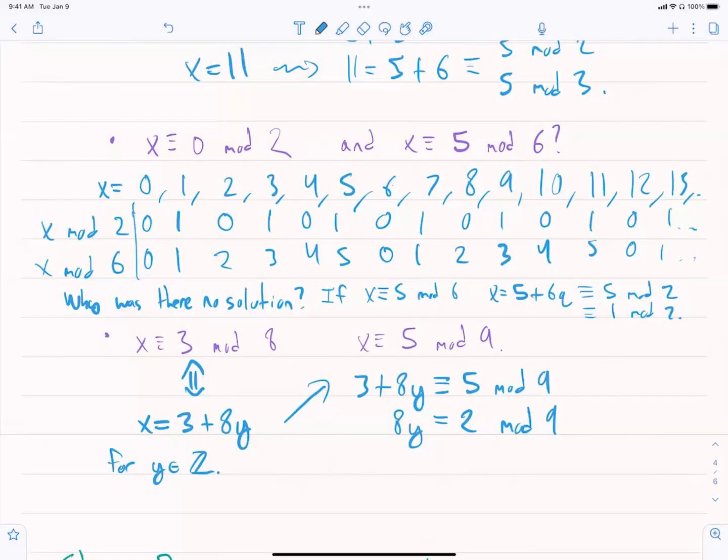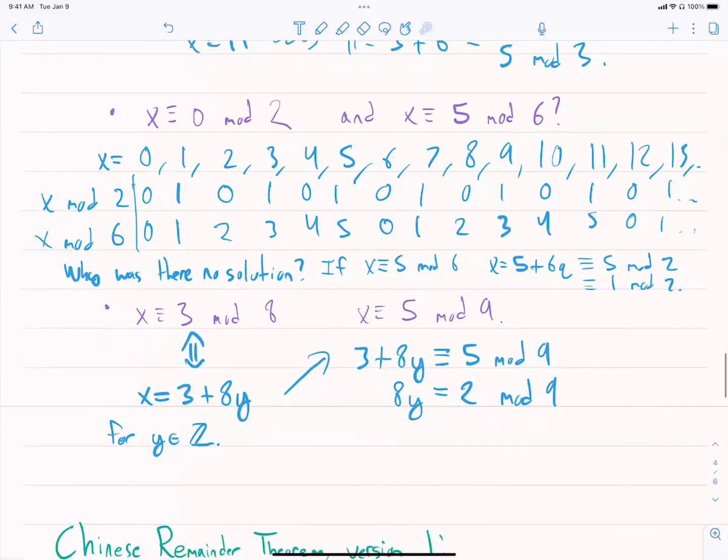And now I'm in the situation I was before, where I just have to solve this simple equation. So I need to multiply by 1/8, but mod 9. So I need to use that the multiplicative inverse of 8 in Z mod 9Z is actually 8 itself.